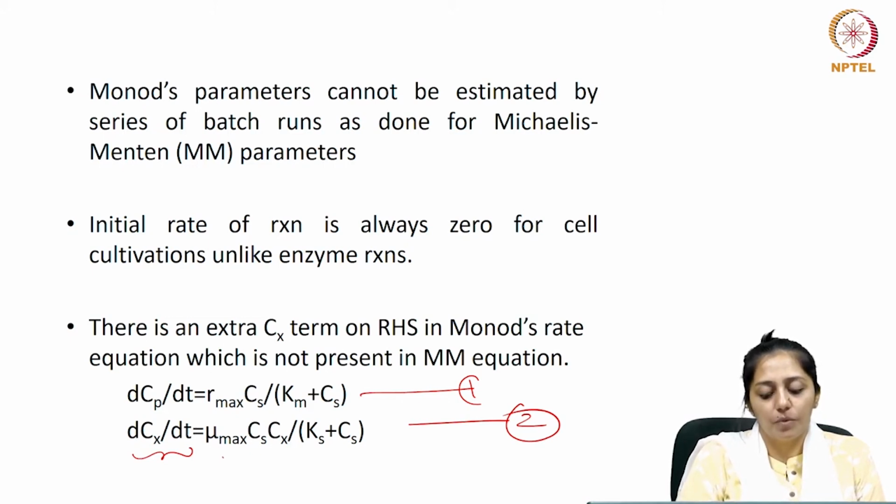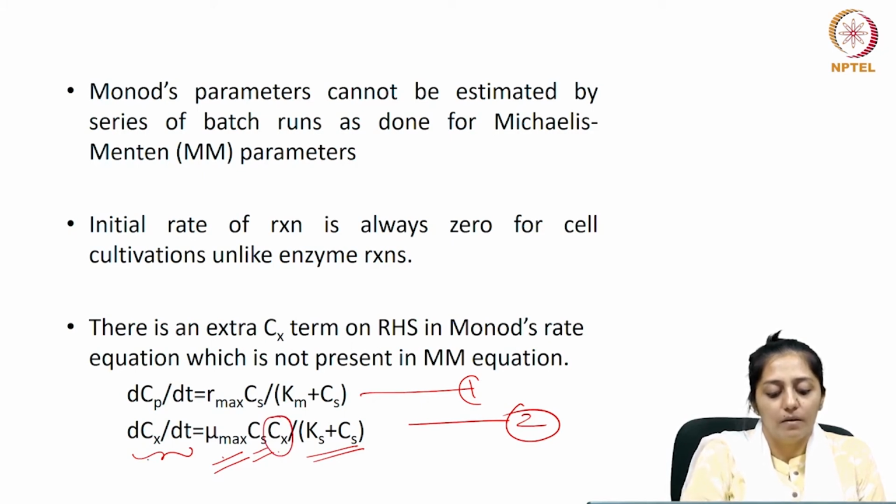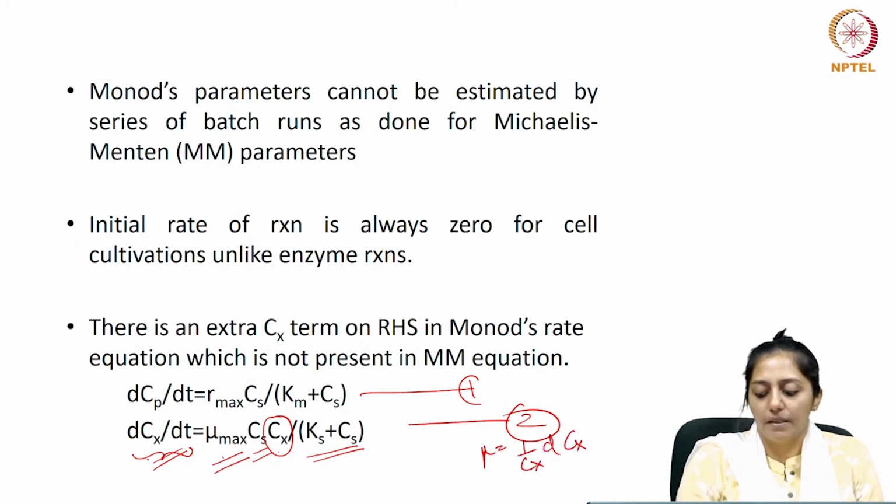They have substituted Monod's model, which is Cs by Ks plus Cs multiplied by mu max, and this Cx term has come from the LHS, which was because mu is equal to 1 by Cx dCx by dt.